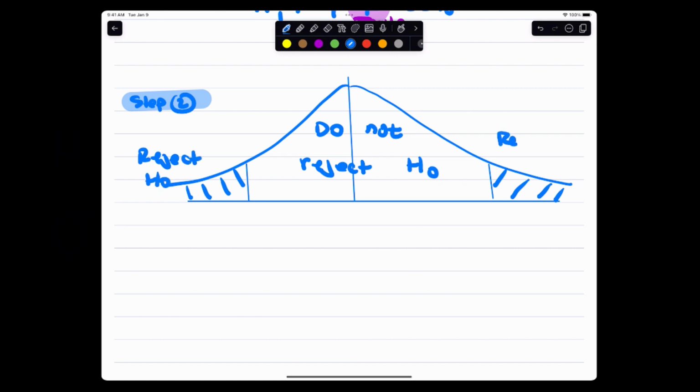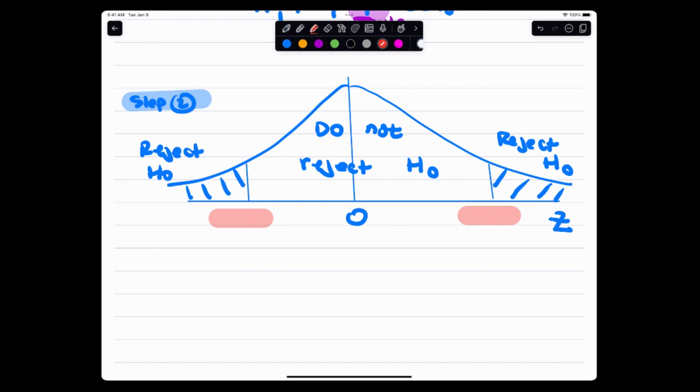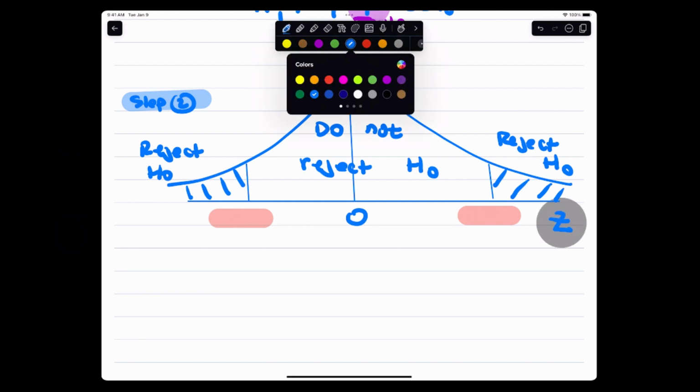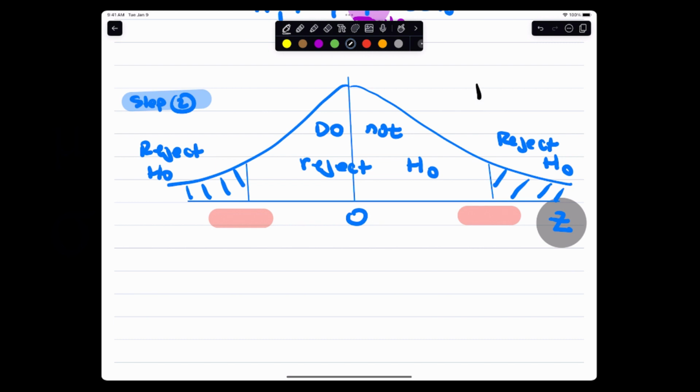Reject the null. Again, this is your Z distribution, where mu equals 0 and sigma equals 1.